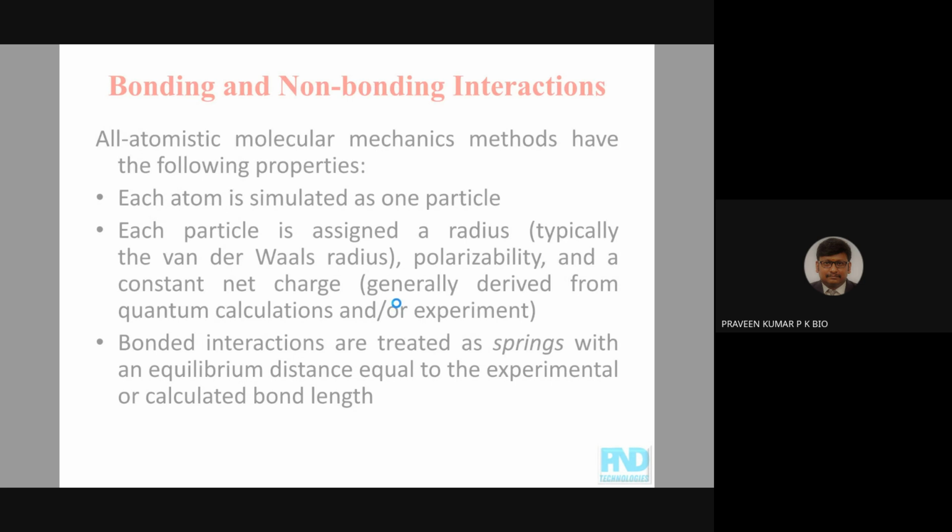The bonded interactions are generally treated as springs. So you can find a spring-like motion when you connect one atom with another atom. Then what is the weight of the first atom, and what is the weight of the second atom?